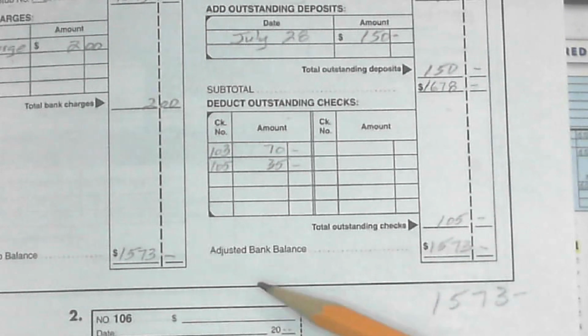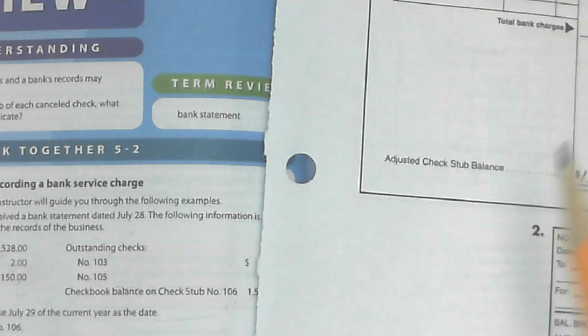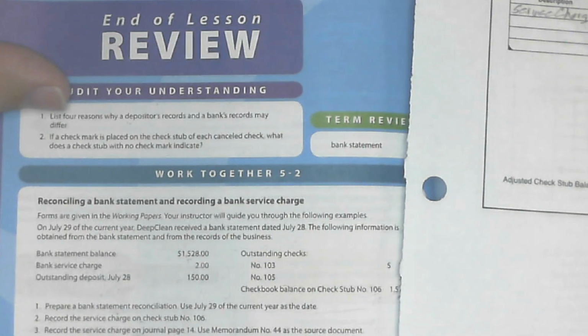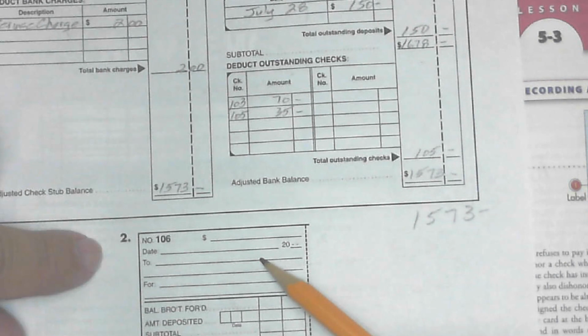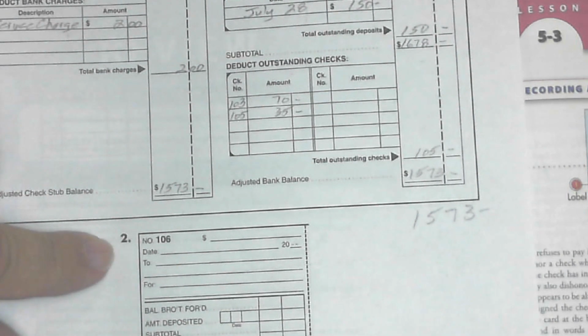Okay, so now step 2, we're going to record the service charge on the check stub number 106. So that's here, step 2, 106.